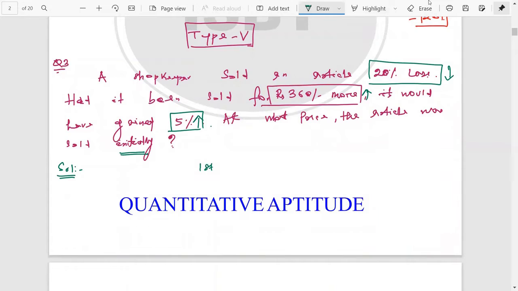First method. First method means the detailed method or fundamental method.